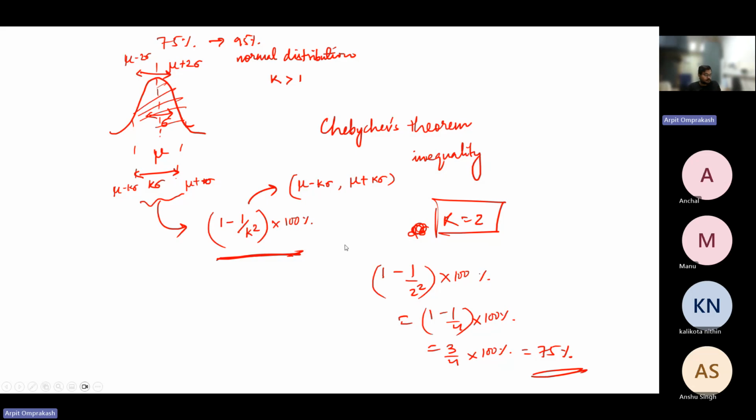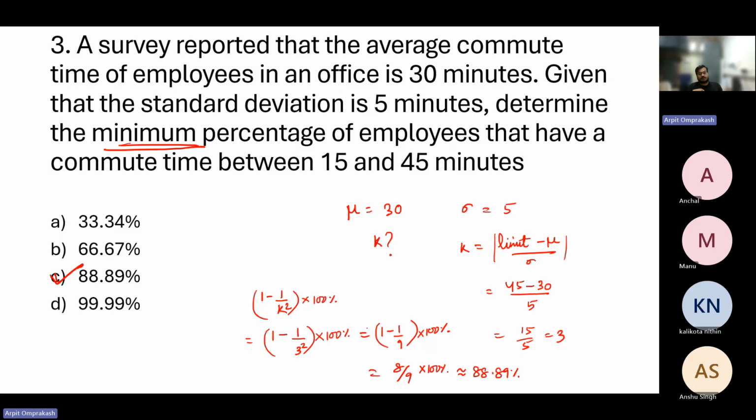So this is the percentage of data within these bounds, mu minus k sigma to mu plus k sigma. We are given mu here, we are given sigma here. We have to find what is k. So k in this case will be the limit minus mu by sigma.